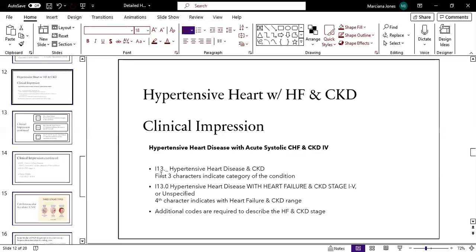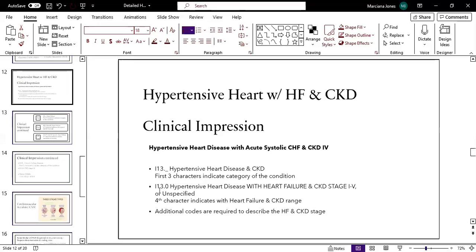So you pull up I13, then you're going to get hypertensive heart disease and CKD. The first 3 characters, the I, the 1, the 3, indicate the category of the condition. So when you see I13, you already know it's going to be hypertensive heart disease and CKD. Says nothing about the heart failure yet.